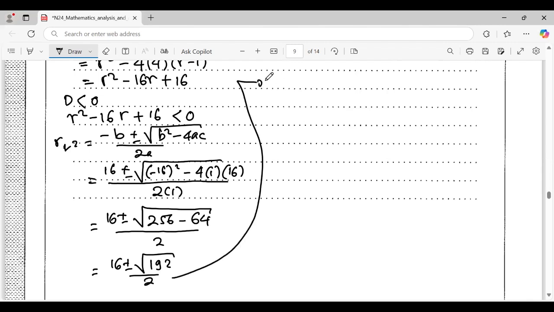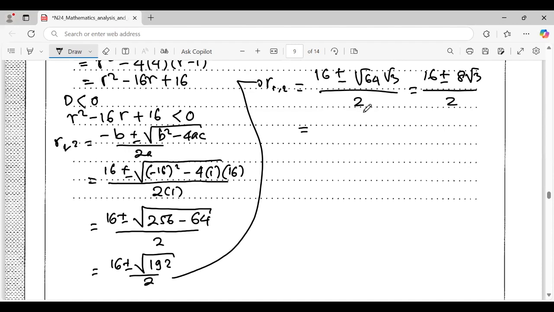Here we get r1 and r2. Sorry, 16 plus or minus the square root of 64 times 3, over 2, or 16 plus or minus 8 square root 3 over 2. 16 divided by 2 is 8, 8 divided by 2 is 4 square root 3.